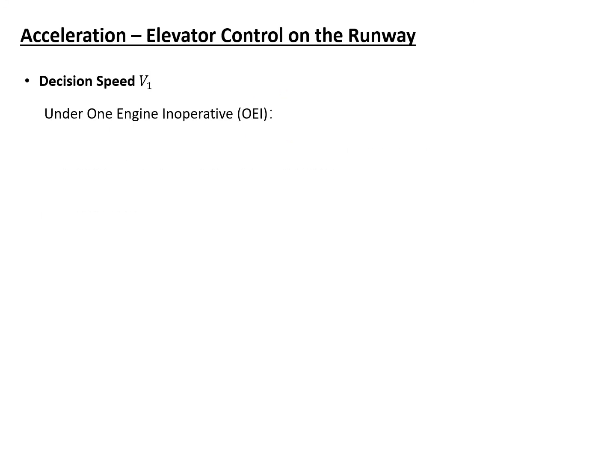And in this slide, we will see a few other important speeds during the takeoff procedure. The first is the decision speed V1. We will look at this speed later when we study the balanced runway length. Under the one engine inoperative condition, OEI, the decision speed is very important.